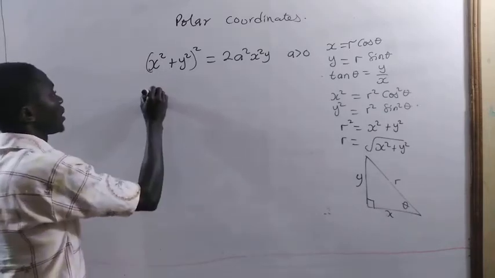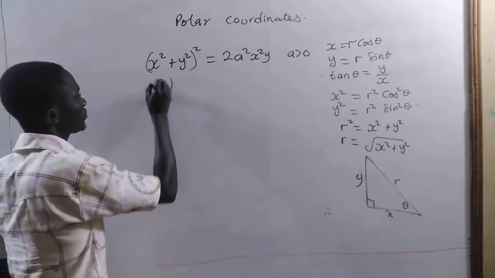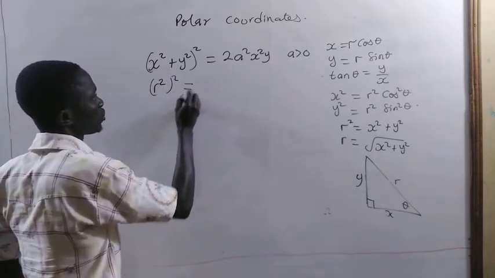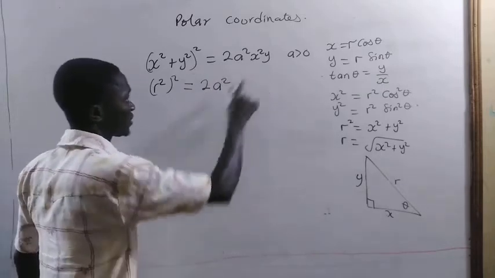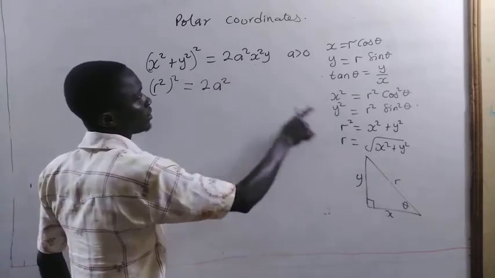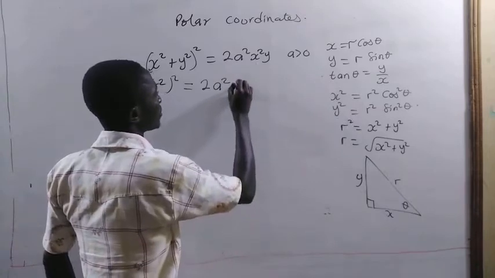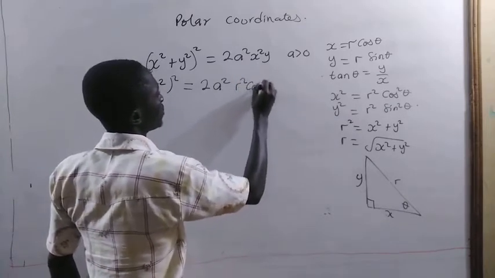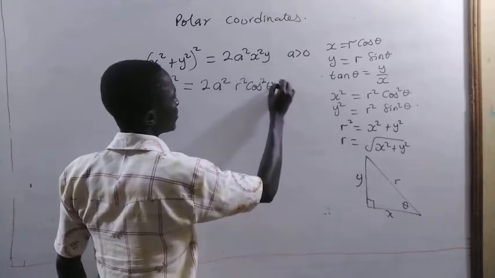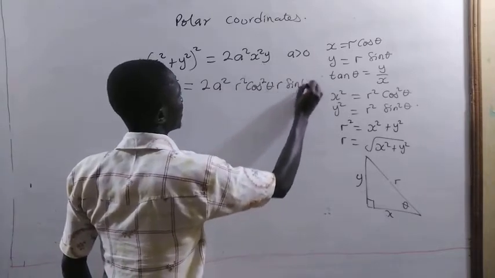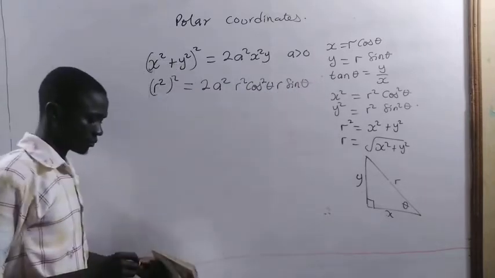So we take r squared, x squared equal to 2 times a squared. A is a constant. x squared is r squared cosine squared of theta, and y is r sine of theta.